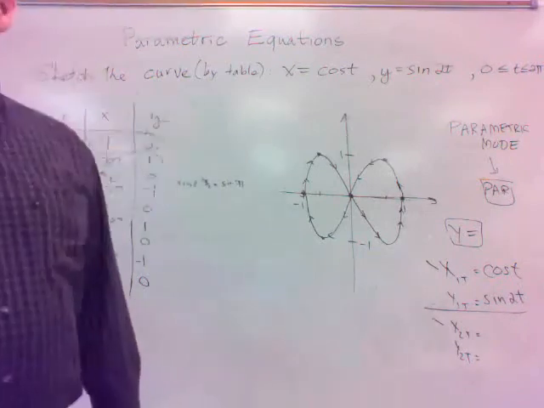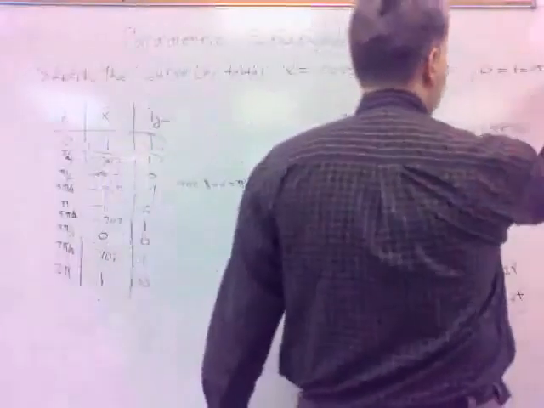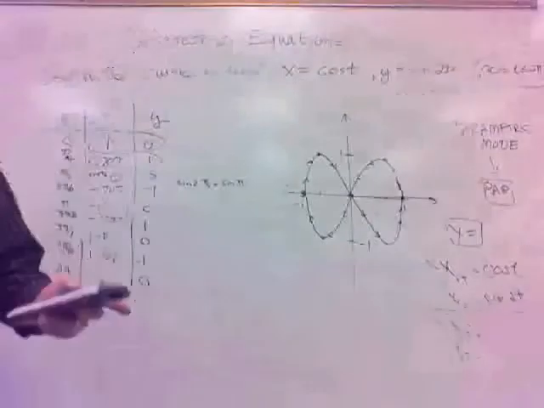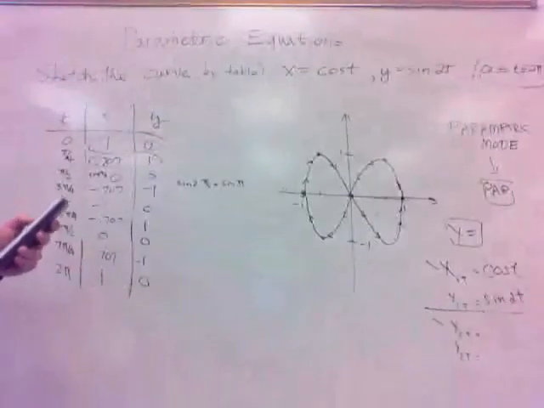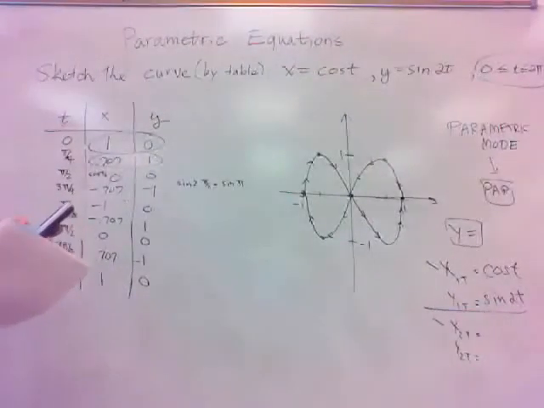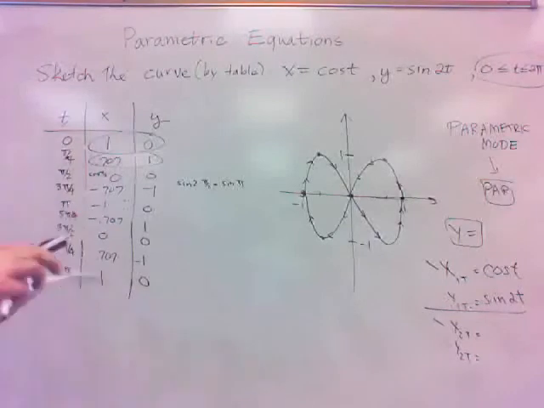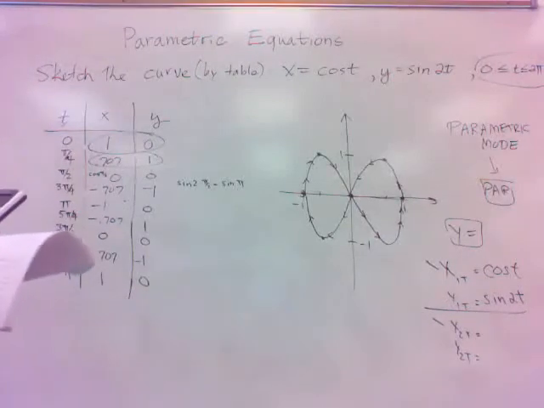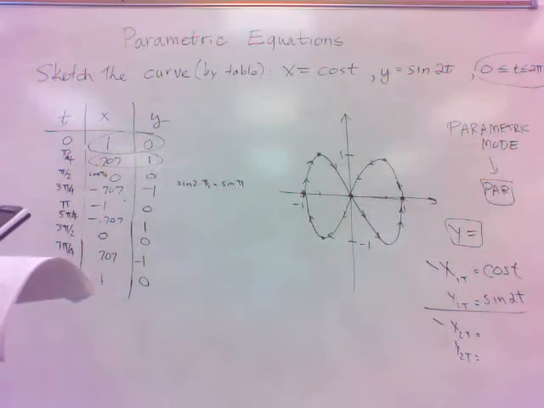I don't think it'll matter here, but just be warned. If I want 0 to 2 pi, then I go to my window. Well, I didn't put my thing in there. All right, cosine t. And to get the t, you just hit the x button. It'll put in t if you're in parametric mode. And then we do sine of 2t.